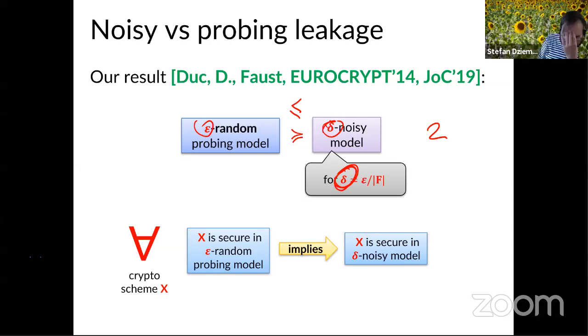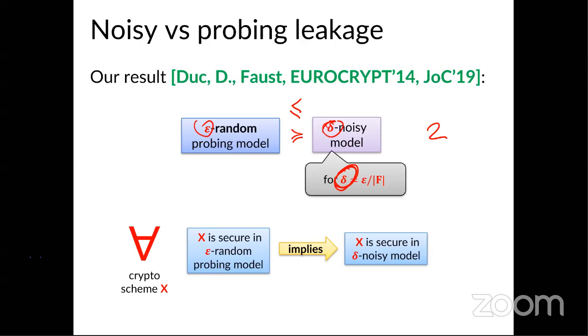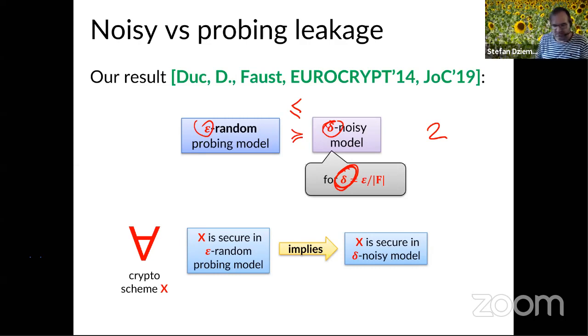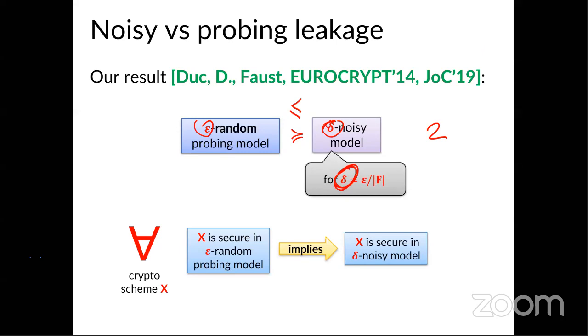Sorry, can you maybe repeat the question? Yes. People use masking with a fixed order in practice, right? Yes, maybe order 3, or something. Yes, exactly. Which probably does not prove a high level of security that is reasonable with respect to real-world attackers.